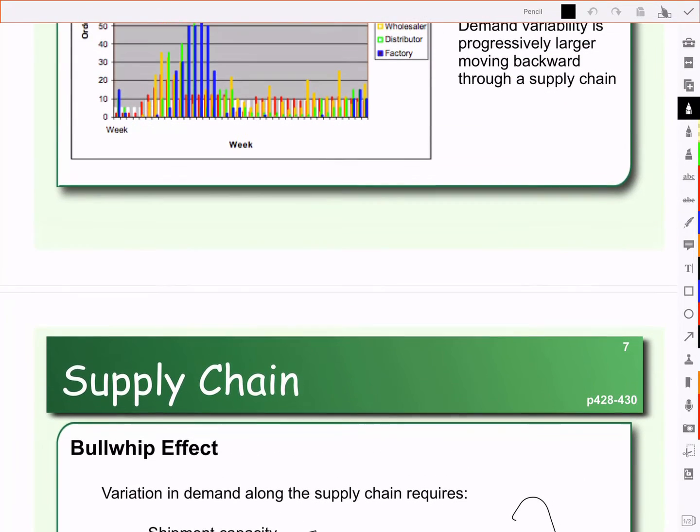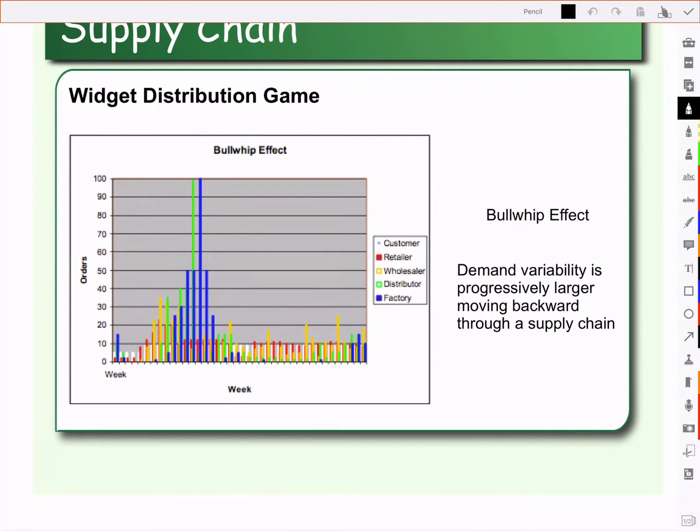So when we look at the bullwhip effect, you can see here the retailer in red, the wholesaler in yellow. Notice how the variability moves through the supply chain and is biggest for those farthest away from the customer.